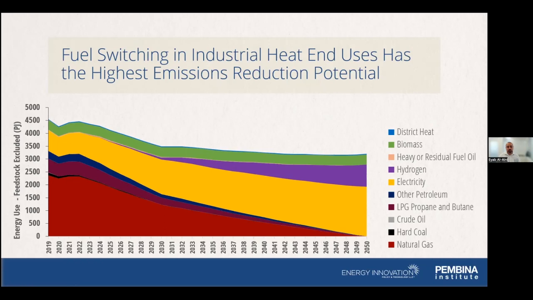As we see, when you stack all these different fuels, the total energy use continues to slightly drop beyond the year 2030. Again, this is specific to this policy design, which heavily relies on electrification. So you can see that natural gas energy use continues to drop linearly.